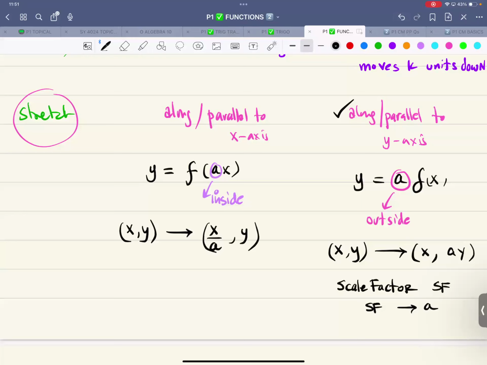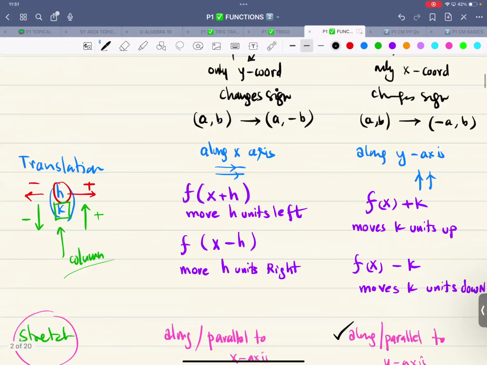In other words, let me write this as 1 over a into (x, y). Instead of multiplying by a, it is multiplying by 1 over a. The scale factor still is a. The scale factor is in the denominator. Now, when I do these questions, you will have a much, much better idea of what's actually going on.